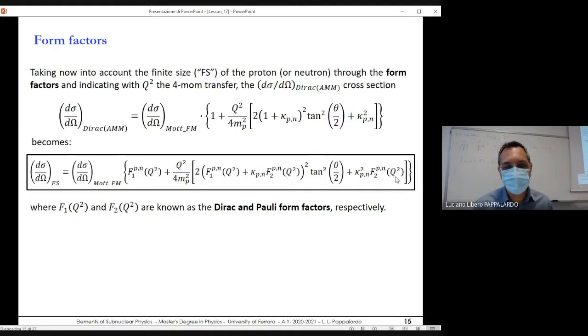Now we're introducing these two objects, F1 and F2, which are known as the Dirac and Pauli form factors, respectively. Essentially, the shape of the cross-section is the same, but where you have one that corresponds to a point-like object, now we have to take into account the distribution of the charge of this object. So the cross-section becomes more and more complex.